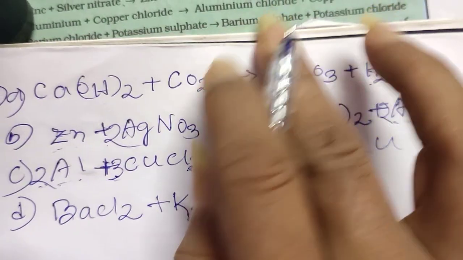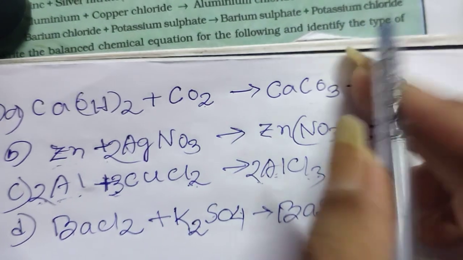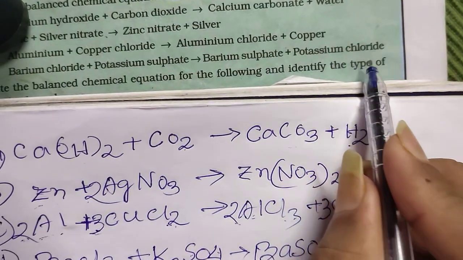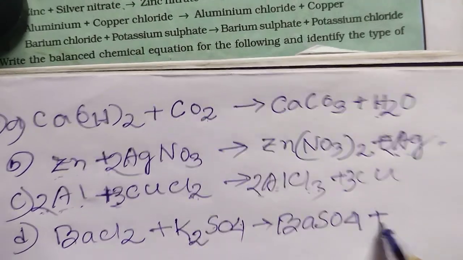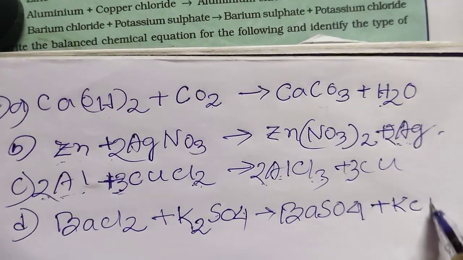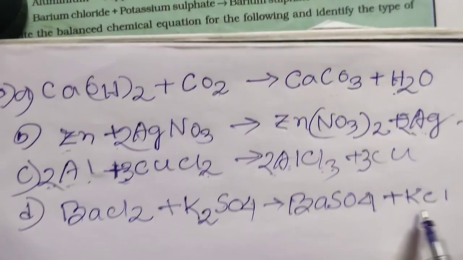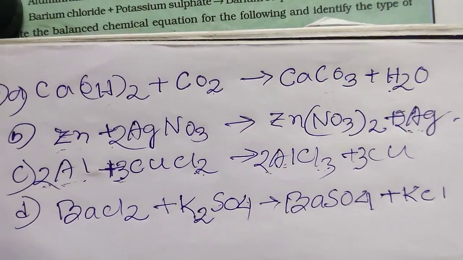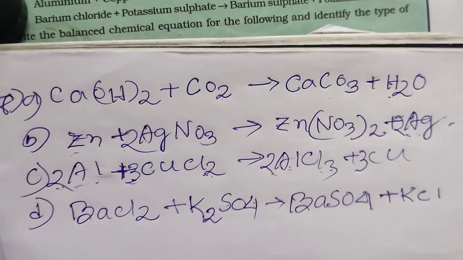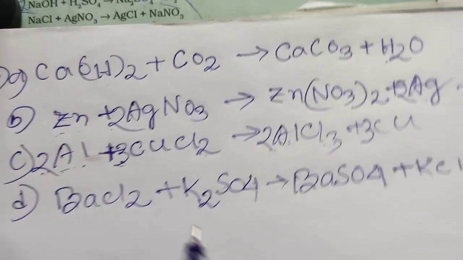Next, barium sulfate plus potassium chloride. The symbol for potassium chloride will be KCl, because potassium has valency 1 and chlorine also has 1. Now we should balance the equation.